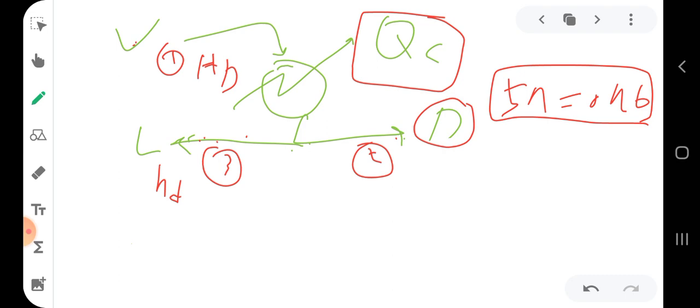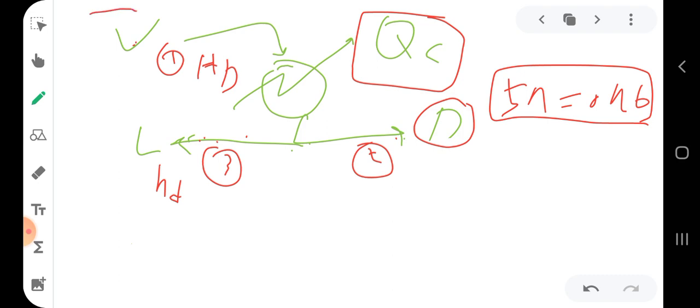Is it liquid or vapor? Actually, this depends on the type of the condenser, whether you use a partial condenser or a total condenser. The most commonly used one, as we discussed before, is the total condenser. So first let's discuss the case where we have a total condenser.